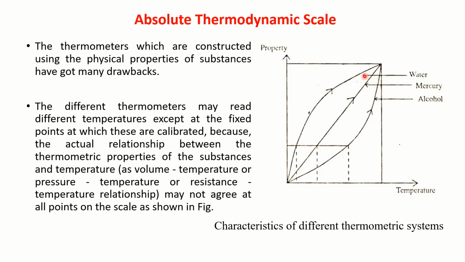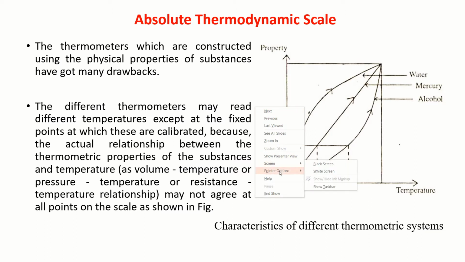Suppose I use a water thermometer, the thermometric property versus temperature characteristic, if I draw, I'll be getting a characteristic like this. Instead of a water thermometer, if I use a mercury thermometer, then the characteristic may be something like this. If I use alcohol, then the characteristic may be something like this.